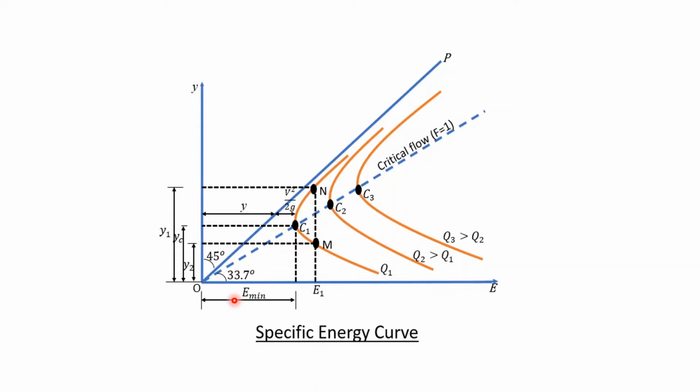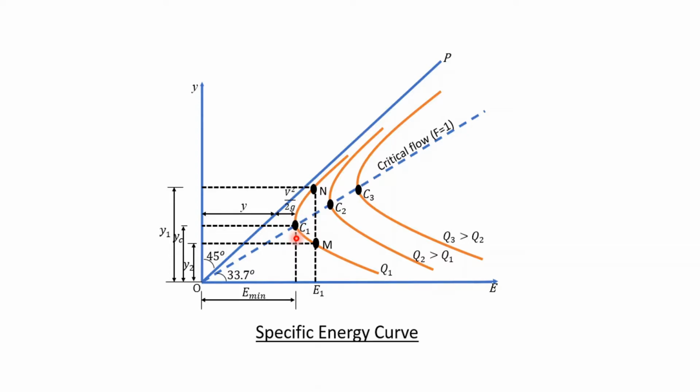So, if y is the distance from origin to this point, then this distance will also be y, because this is 45 degree. And we know specific energy is the summation of potential head plus kinetic head, so this distance will be V square by 2g.